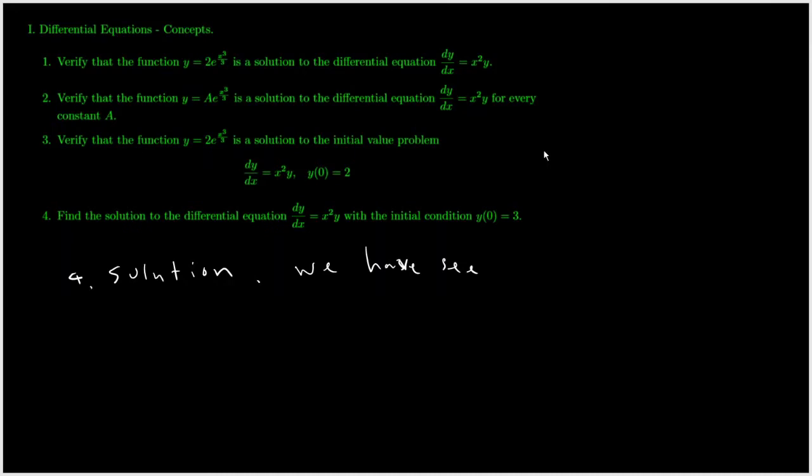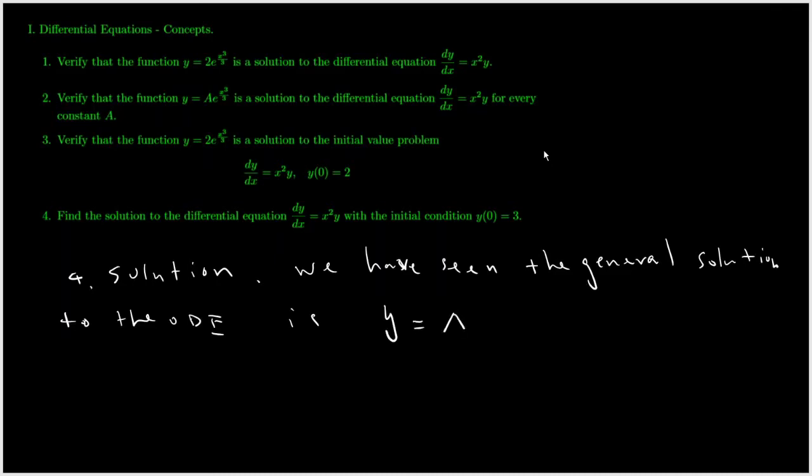We have seen the general solution to the ODE, using question 2, in the form y equals a times e to the power of x cubed over 3. In that solution, a is an arbitrary constant.